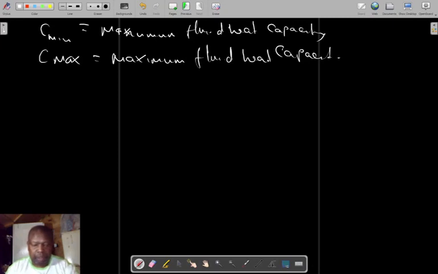Now, to determine the maximum possible heat transfer for the heat exchanger, we first recognize that this maximum can only be attained if one of the fluids undergoes a temperature change equal to the maximum temperature difference available.